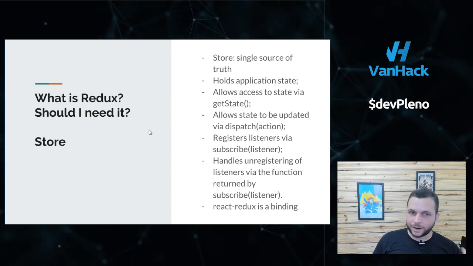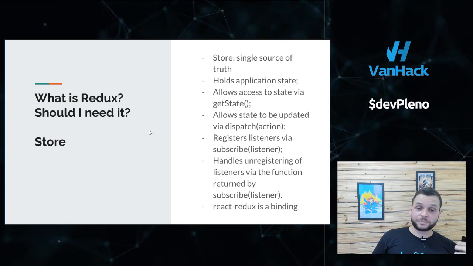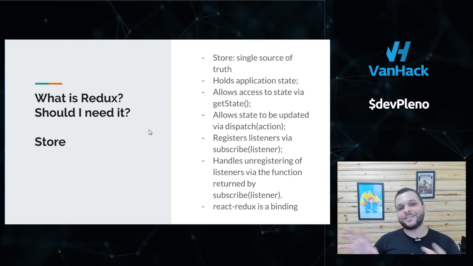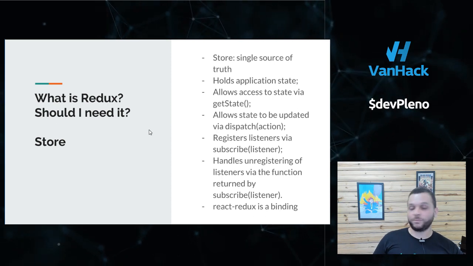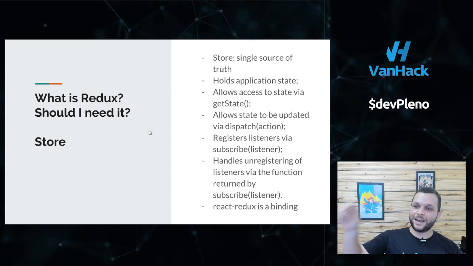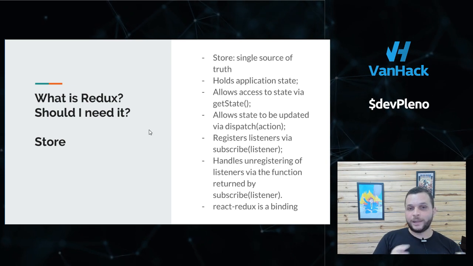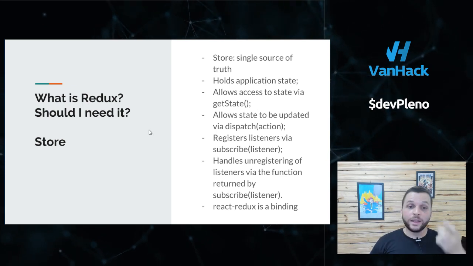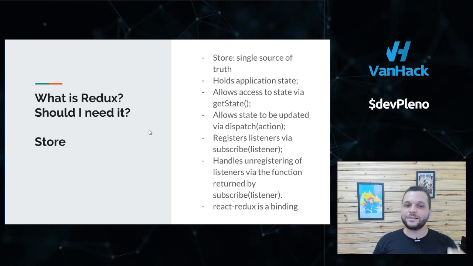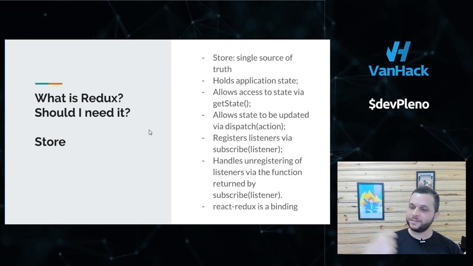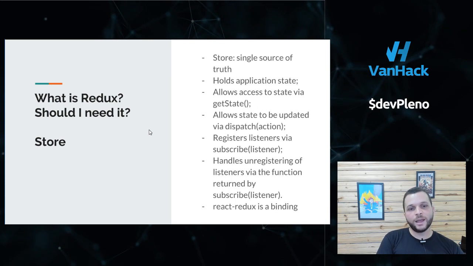It allows access to the state using getState, so we can use store.getState and get the object that is inside the store. And we can mutate or update the state using dispatch and passing some action to it.